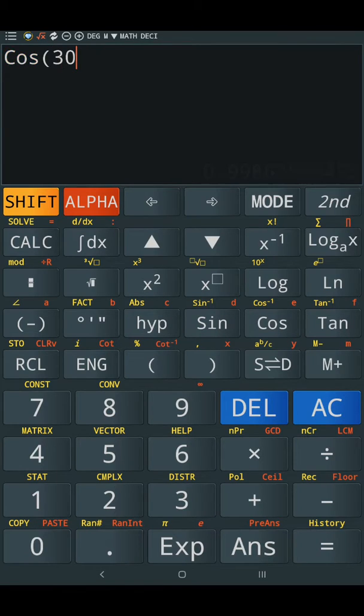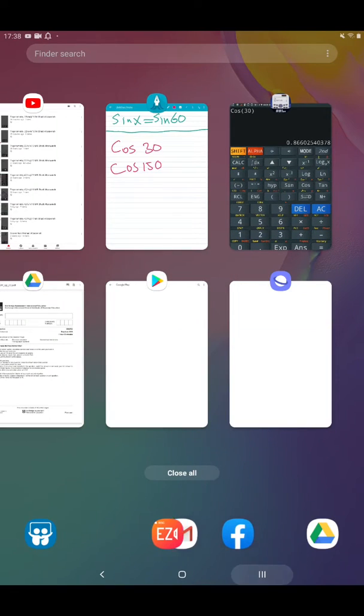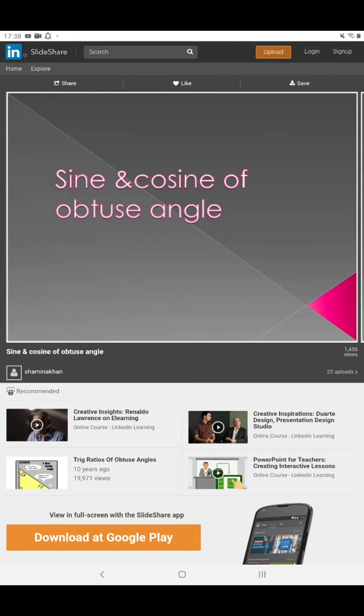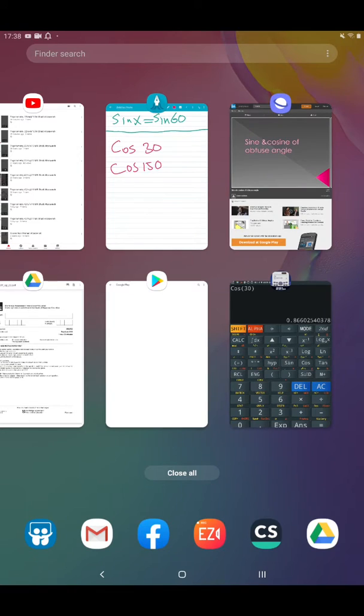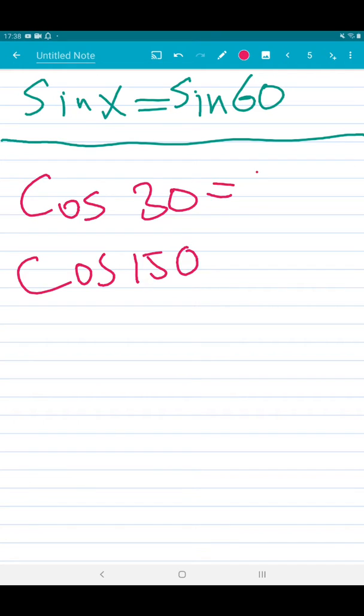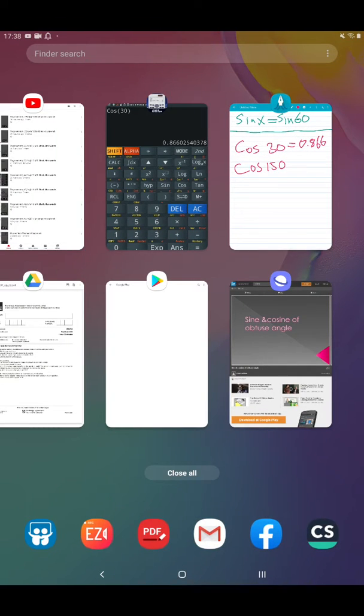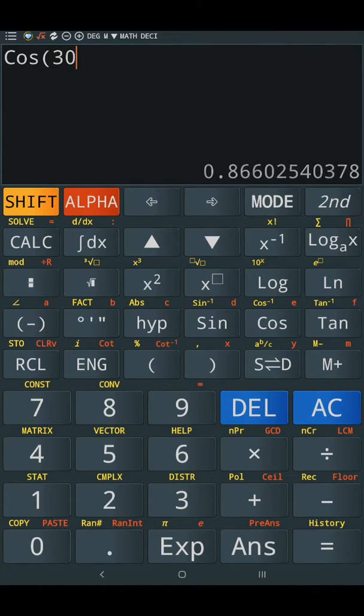Cosine 30 equals what? 0.866. Okay. Now go back to the calculator and find cosine 150.